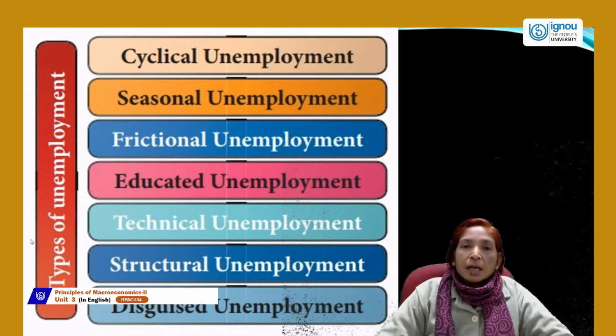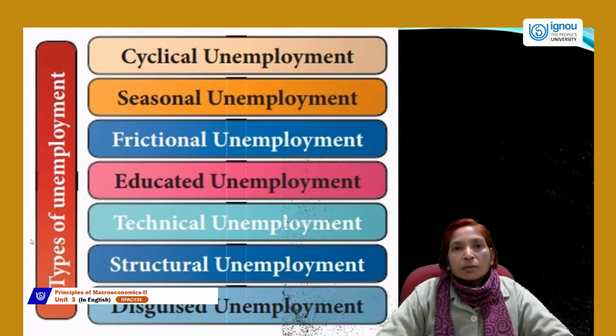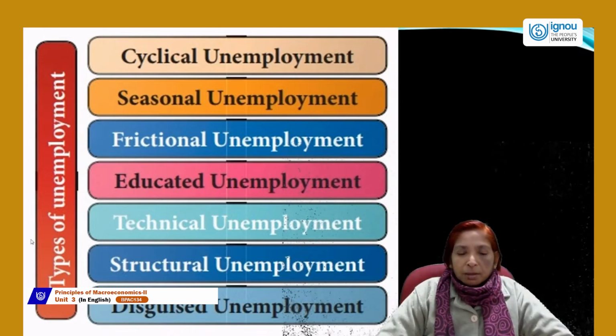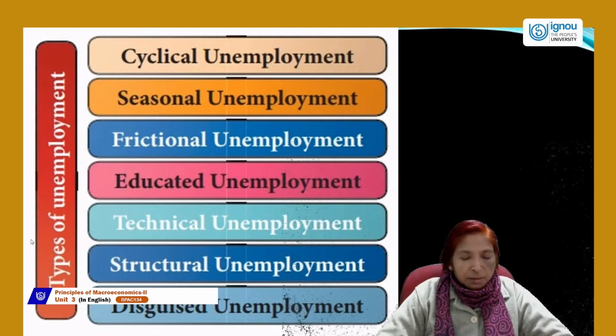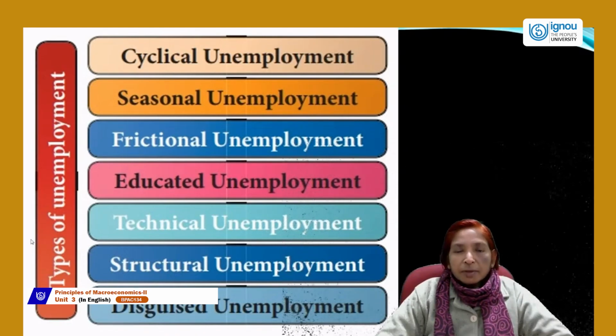Next is disguised unemployment. Disguised unemployment is also known as hidden unemployment. This type of unemployment is mainly found in rural areas or in the agriculture sector. In the agriculture sector, you know that most of the family members are mainly engaged in agricultural activities. And if we separate some people from the agriculture sector, then the marginal productivity will remain the same.